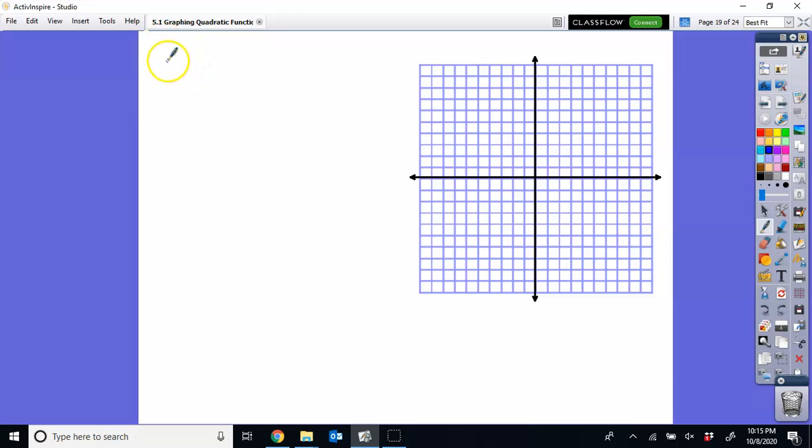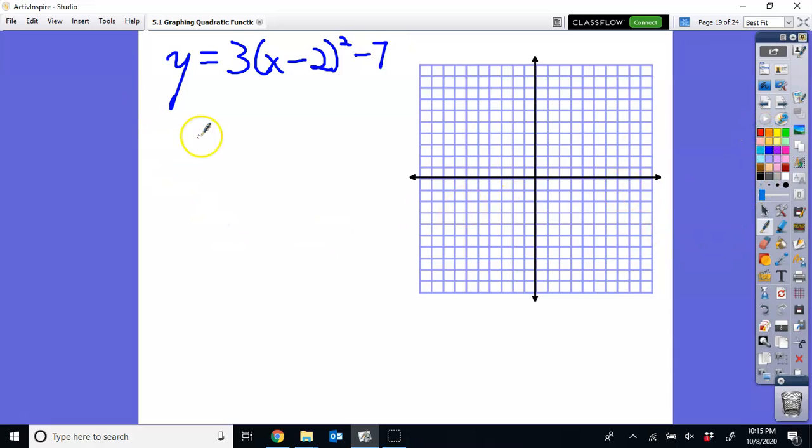So let's look at an example of this. Let's say we have y equals, let's go 3, even though it's going to kind of stretch it out a bit. We'll move it around. We'll say x minus 2 squared minus 7. So that is what we consider vertex form.